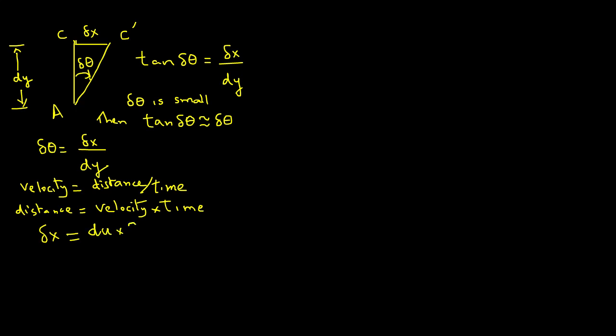So now we can substitute this delta x in our previous expression and get delta theta equals du delta t over dy. So this equation now tells us that this angular displacement not only depends on the velocity as well as the separation between the plates, but also depends on the time.